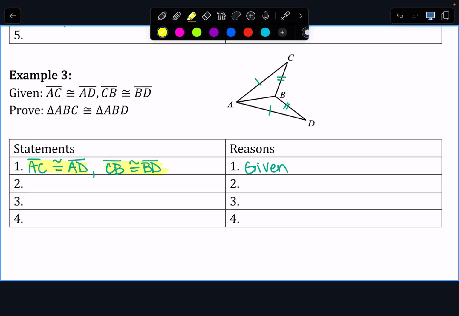Aaron's brain was already going towards the end. My last step is going to be what theorem? Side, side, side. But Aaron said we only have 2 sides, so we have to put our third set of sides as AB is congruent to itself because of the reflexive property.